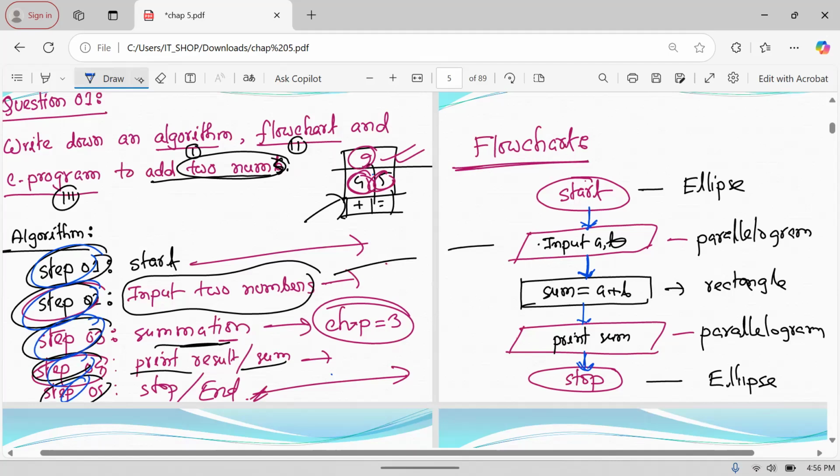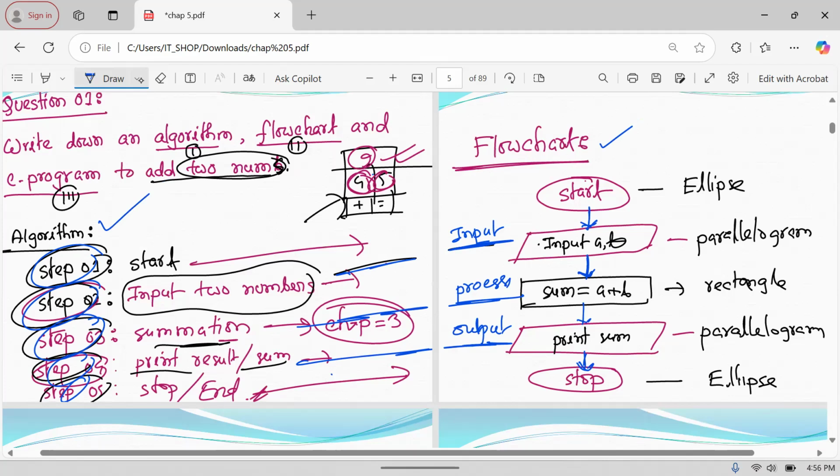And always keep in mind that every algorithm and every flowchart has three parts. The first part is input, the second is process, and the third is output. Every program, every flowchart, every algorithm has input, process, and output.